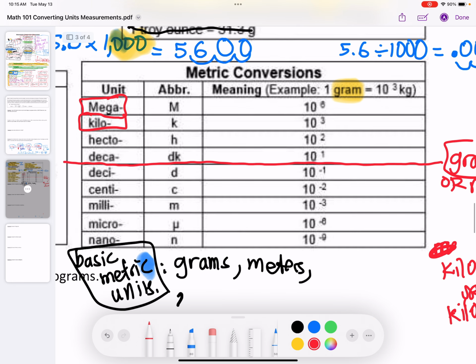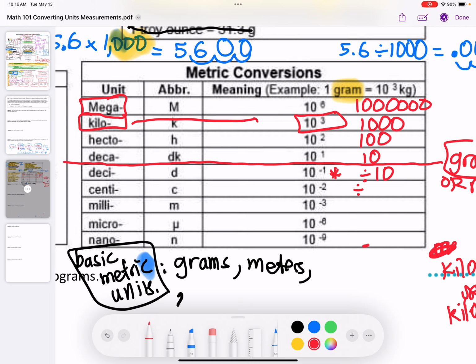Then all you would do is multiply by this number, 10 to the third power, which is 1 followed by 3 zeros, and this is 1 followed by 6 zeros, 1 followed by 2 zeros, this is 1 followed by 1 zero, or 10 in other words. And then you could think of it as multiplying by 10 to the negative 1 power, or another way of thinking of it is dividing by 10.